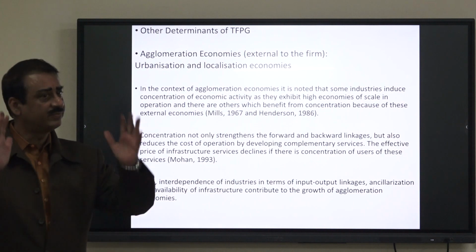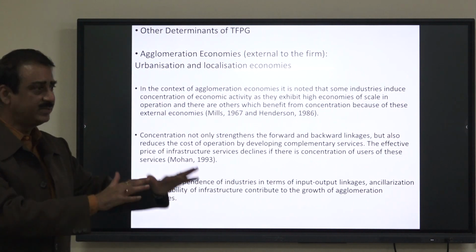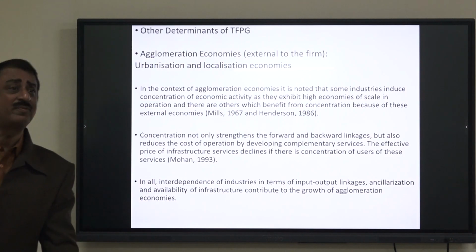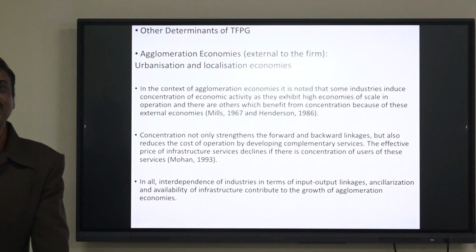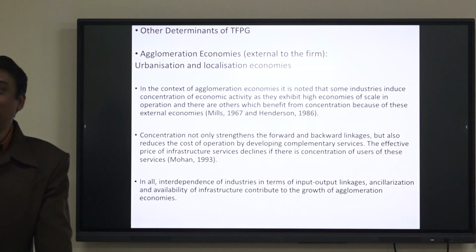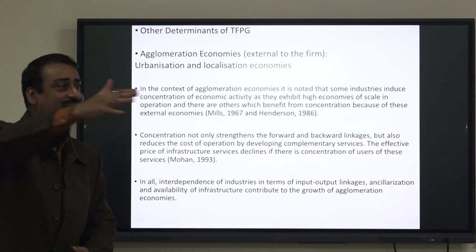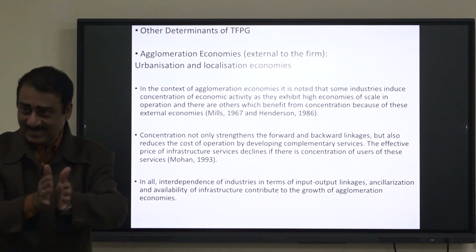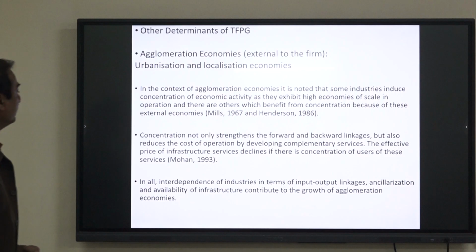So the firms located in highly concentrated pockets are the ones who would benefit more. Take the history of any country, take the history of Indian industries: in the first phase they are all trying to concentrate in the Mumbai region, Mumbai, Thane, Belapur, slowly expanding.